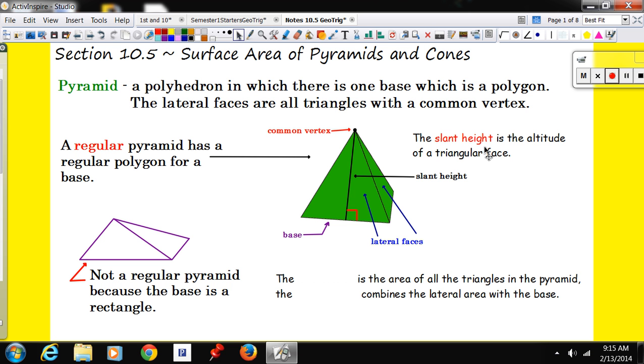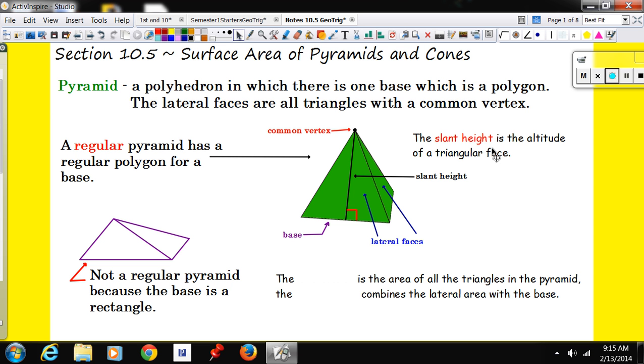Now, slant height is different than the regular height. If I wanted to know the height of my pyramid, I would need to see how tall it stands straight down, right? I wouldn't want to know how long it is diagonally. If I want to know if it's going to fit somewhere, I got to see what the regular height is. So that means I would have to take the top off and put a line straight down to see the regular height. The slant height would be the height up the side of the pyramid.